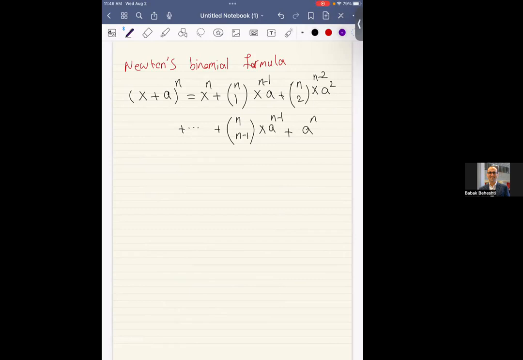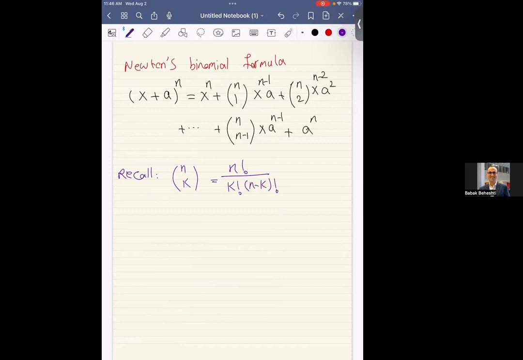And recall that n choose k in general is n factorial divided by k factorial times (n minus k) factorial. A factorial means you multiply all numbers from 1 to n.